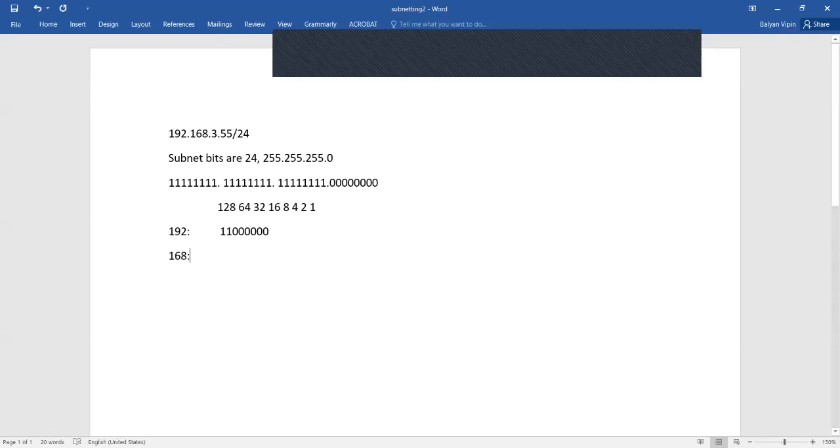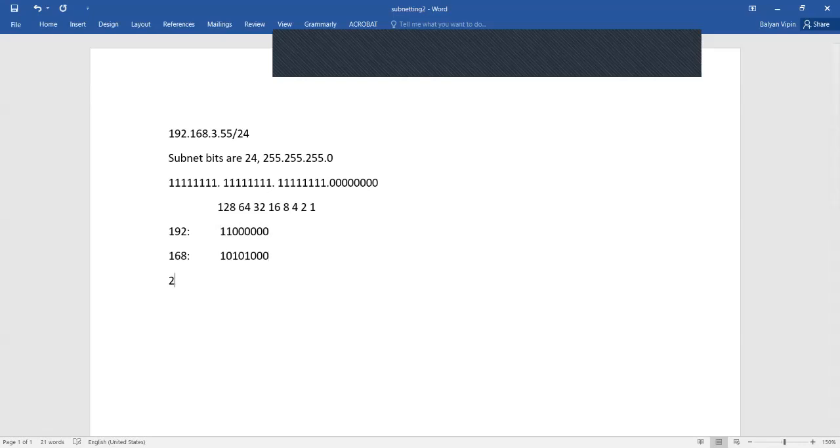So if I copy this, there's a 1 here, then 0 for 64, 1 for 32, then 0 for 16, and then 1 for 8. This is the representation of 168.